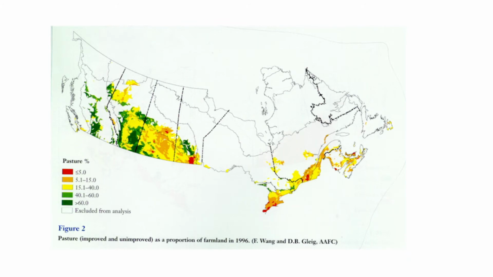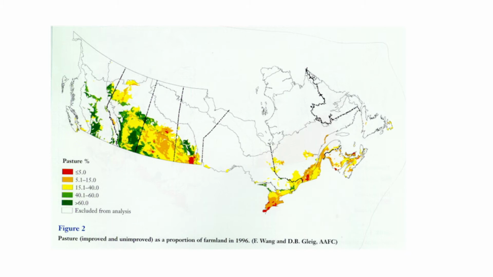What you're looking at is a map produced by Agriculture and Agri-Food Canada of pasture land as a proportion of total farmland. And this is data from 1996, so things might have changed a little bit in the intervening 24 years, as the previous slide would suggest.